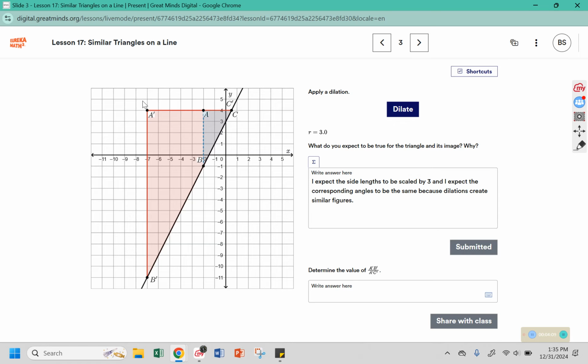So A prime, B prime, that's 1, 2, 3, up to 15. And AC prime is 1, 2, 3, 4, 5, 6, 7 and a half.